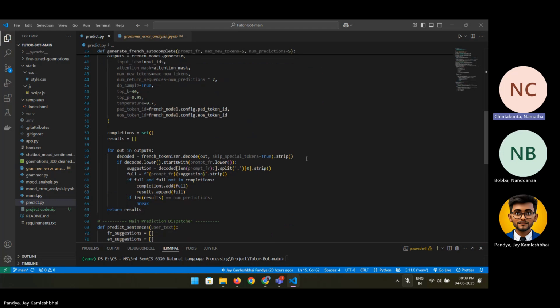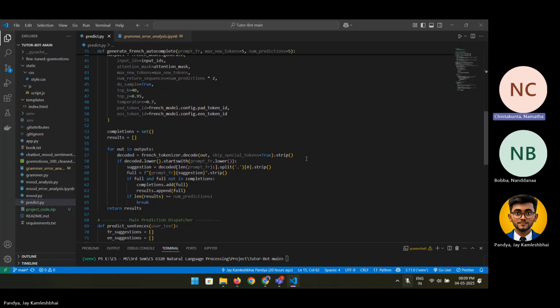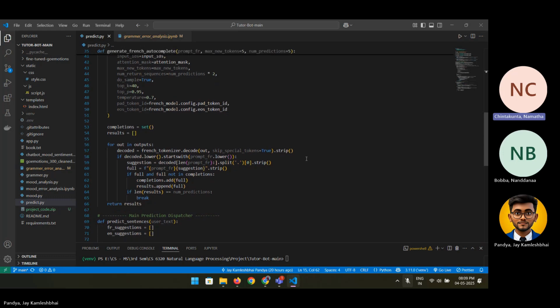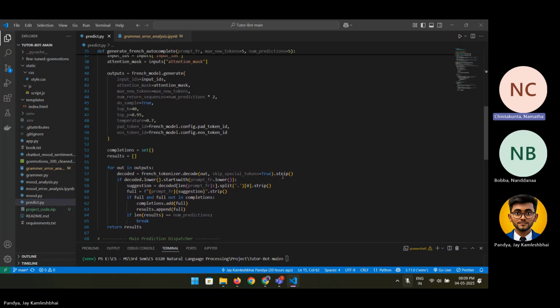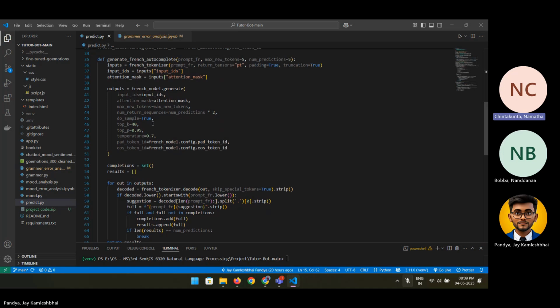The main components we leveraged here are tokenization, positional embedding, and self-attention to generate grammatically sound and semantically coherent continuations. Also, in order to balance randomness and coherence, we used top-K sampling, nucleus sampling, and temperature scaling, which helps in balancing the output or completions of the text.